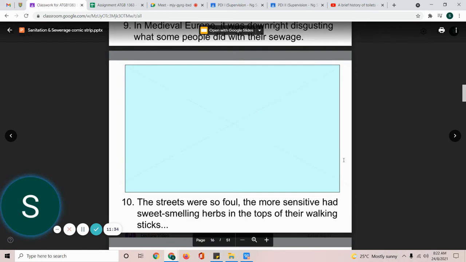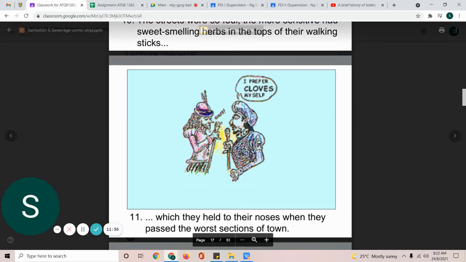It becomes so disgusting that nobles, meaning rich people, use sweet smelling herbs or sticks. As they pass through this sort of poor area, which does not have very good sanitation, they will use it to sniff, to cover themselves, so that they do not smell the bad smell.